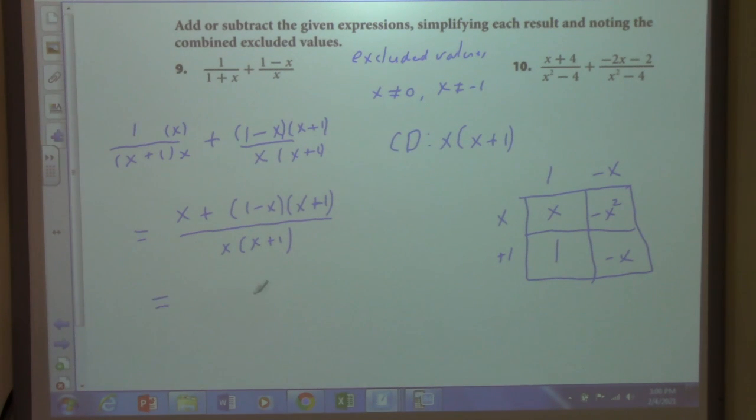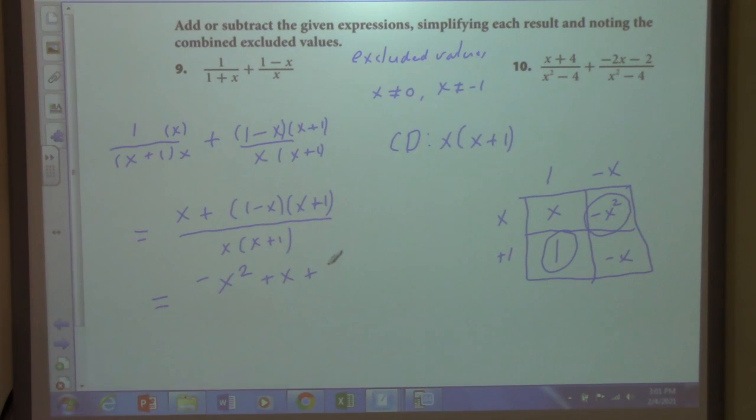So all we have is negative x squared, and plus 1, but also we have plus x, and then plus 1, because that's 1 times 1.